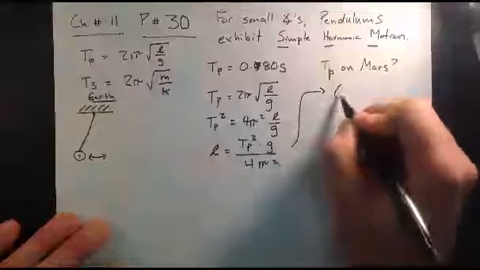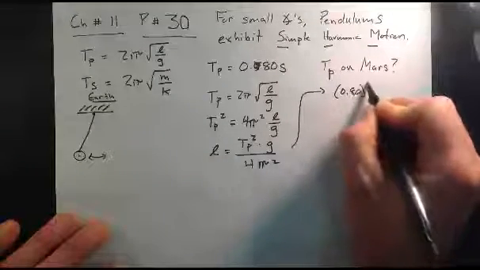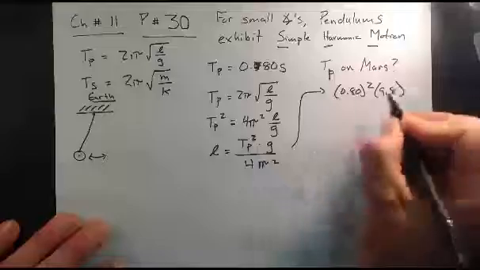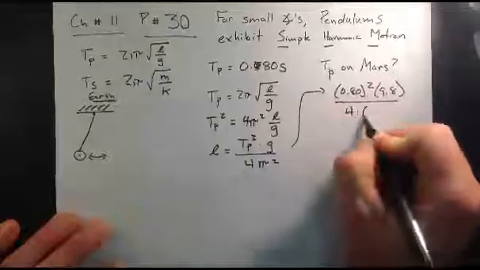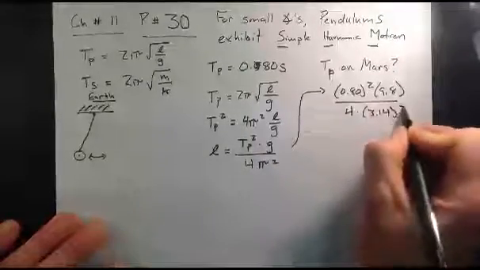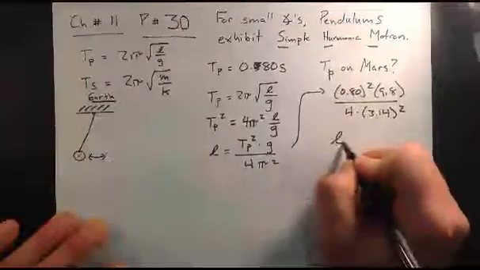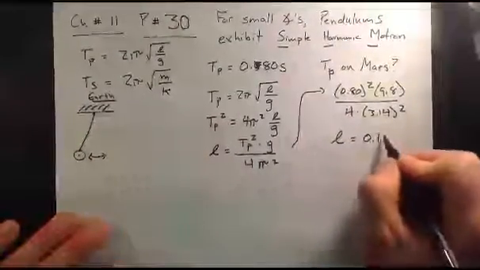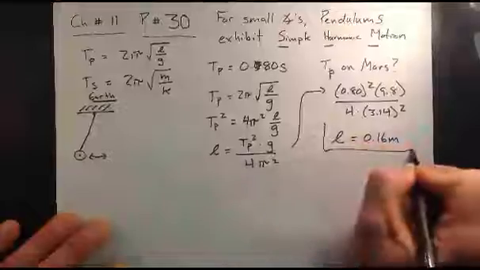Right, so plugging in here, we get 0.80 squared times 9.8 divided by 4 times 3.14 squared. And we would get that the length of our pendulum is 0.16 meters.